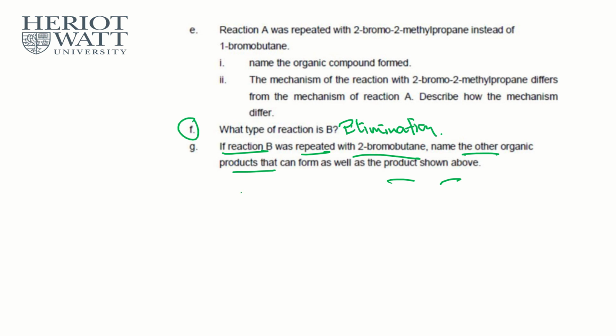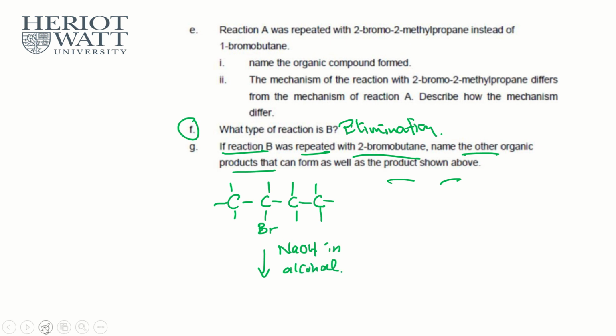Let's do it again. 2-bromobutane is 4 carbons, and on carbon number 2 you have a bromo, so the rest will be all hydrogen, right? And when this reacts with NaOH in alcohol for elimination, what will happen, guys? The mechanism will be this. NaOH, which one do they attack?